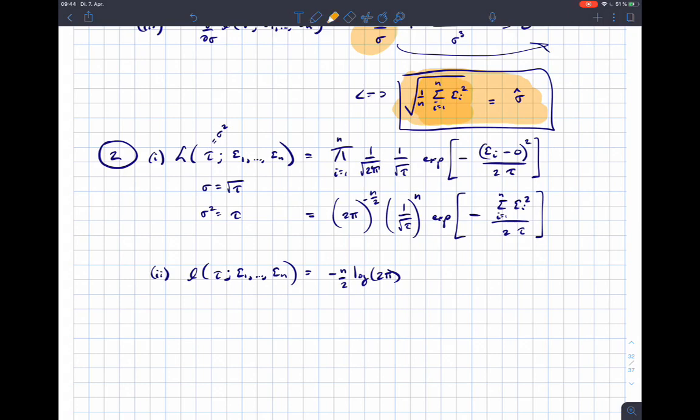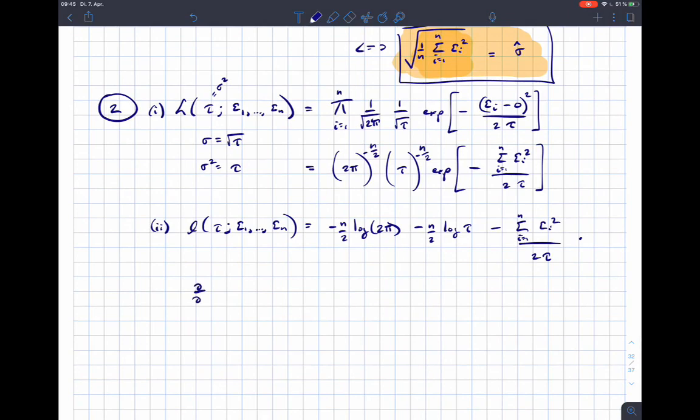I'm going to do the same thing here: put the root 2 here and get rid of the square root, and then put negative n over 2 and move tau into the numerator. So now I get minus n over 2 log tau. And then taking the log of the last bit, I get minus the sum of the squared epsilons over 2 tau.